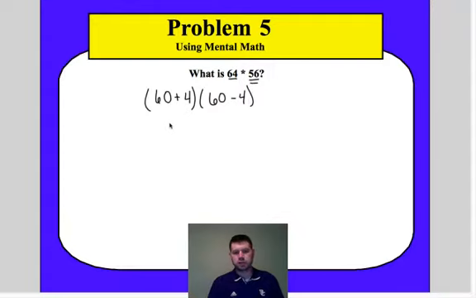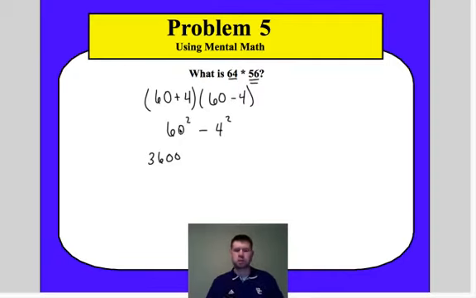So what I can do is take my 60, square it, take my 4, square it, and put a minus sign in between. All we're doing is we rewrote 64 and 56 to be these two binomials, which are still the same numbers, and we're still multiplying them together. Because of that, we're able to get this down real quick. So I know 6 squared is 36. Again, I know 10 squared is going to be 100, so real quick I get 3600 for the 60 squared.